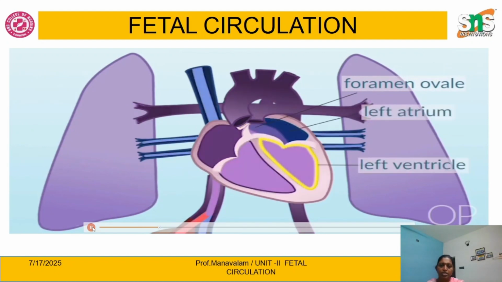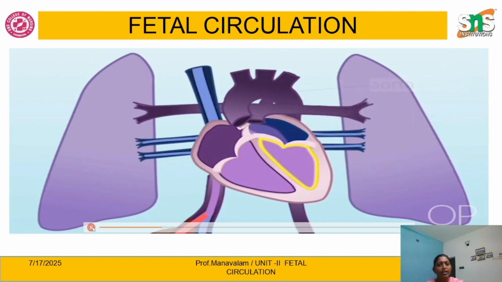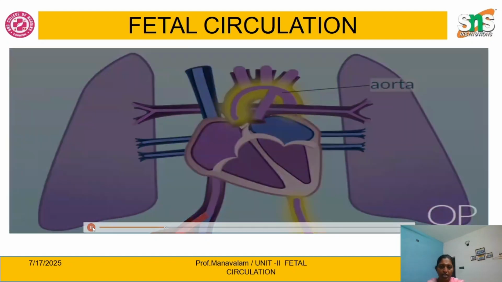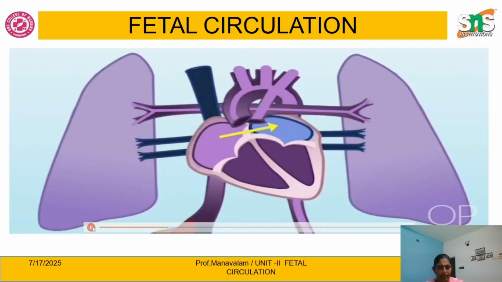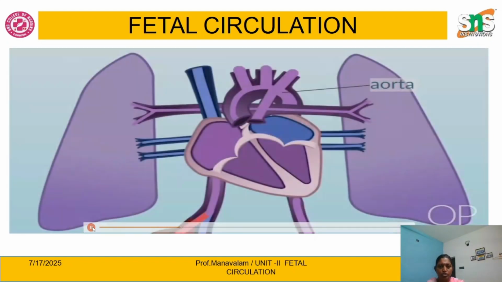At the same time, there is a pressure variation between the right atrium and left atrium. Because of this, the blood from the right atrium is forced into the left atrium through the foramen ovale. That is a temporary opening present between these two.